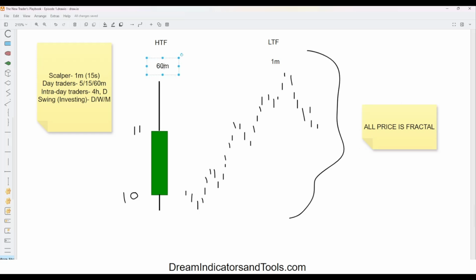Now, what do I mean by that? Well, when we drew this out, what we saw is that this was a 60-minute candle that had 60 1-minute candles inside of it. And if you look at the 60, you'd see this. And if you look at the 1 minute, you would see this. But we could just as easily do this.